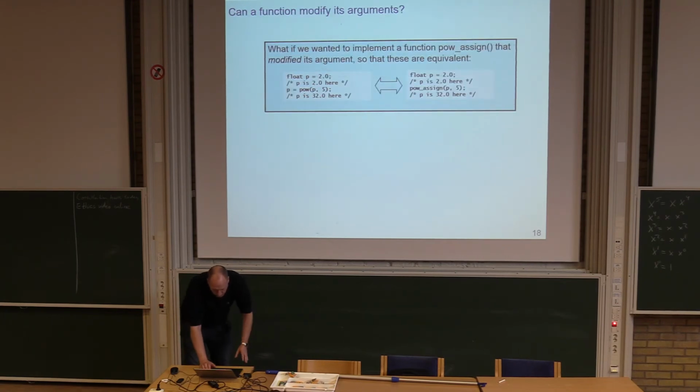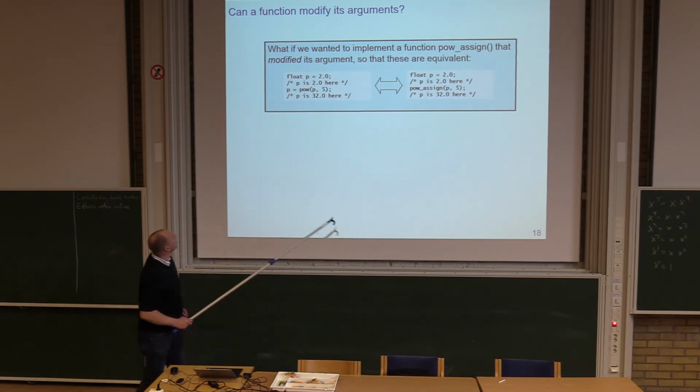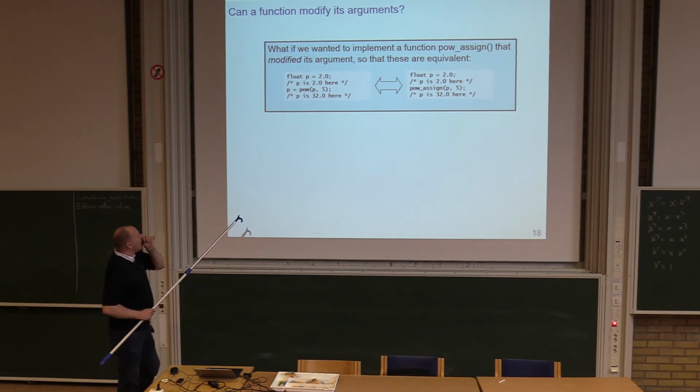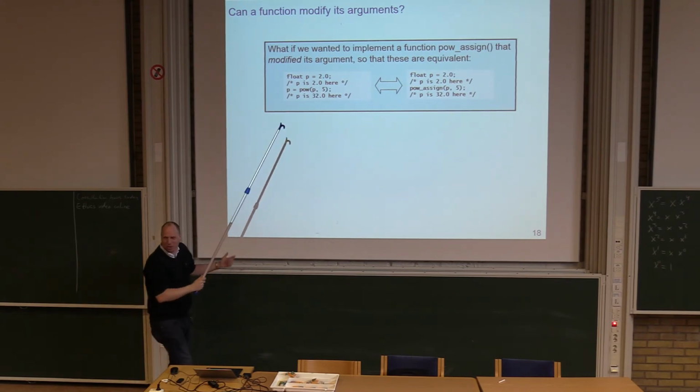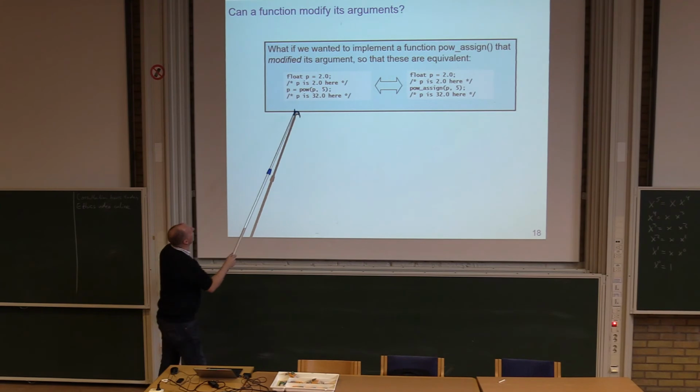So let's say we have something like this. If we would like to declare a variable p here and initialize it to 2, and then compute 2 raised to 5, which would be 32, right?